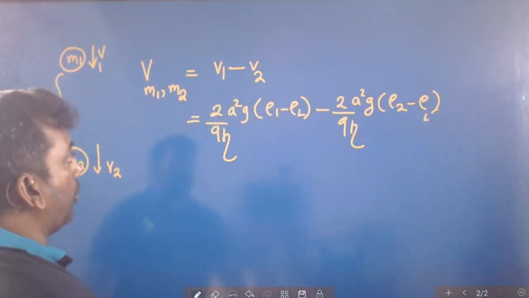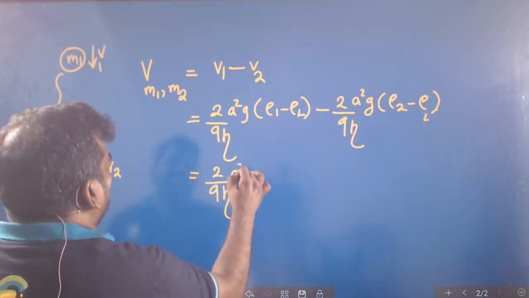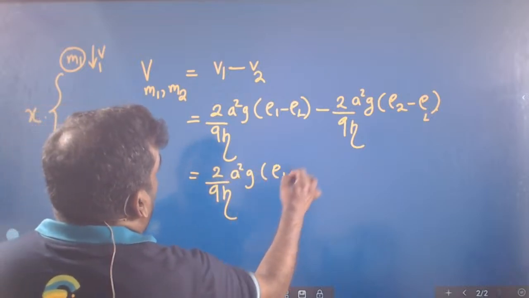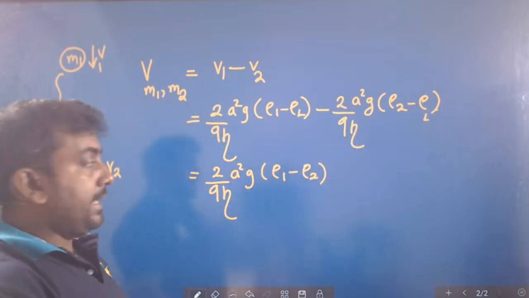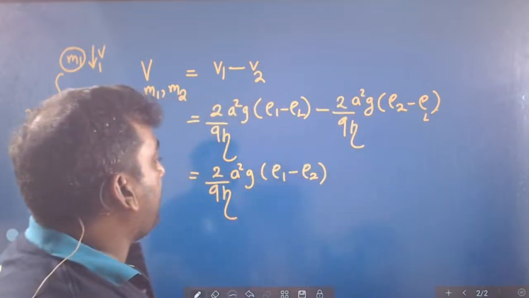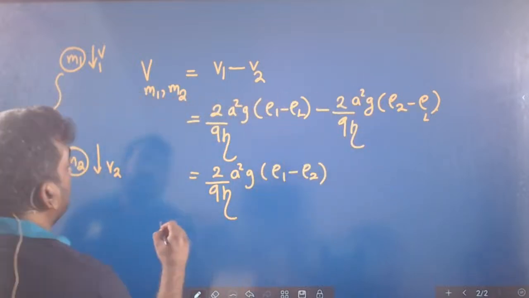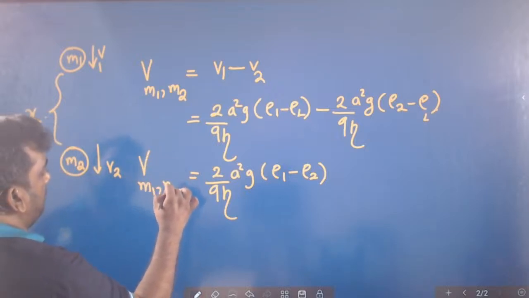If you carefully open brackets, you will get 2/9 eta a squared g, rho 1 minus rho 2. Here minus rho l and plus rho l will cancel out.